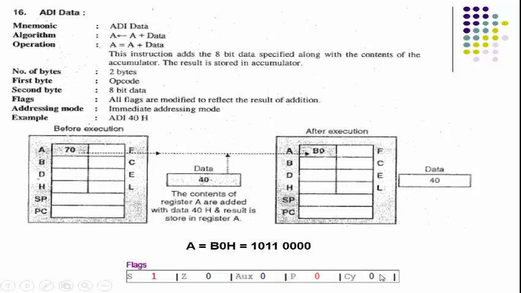Carry flag bit is 0 because there is no carry from the higher bit or most significant bit. The carry flag bit is set when there is a generation of carry from the most significant bit or D7 bit. Right now there is no carry from the most significant bit, so it is 0. So in this way, in all arithmetic group of instructions, after the execution of instructions like this, flag bits get modified.